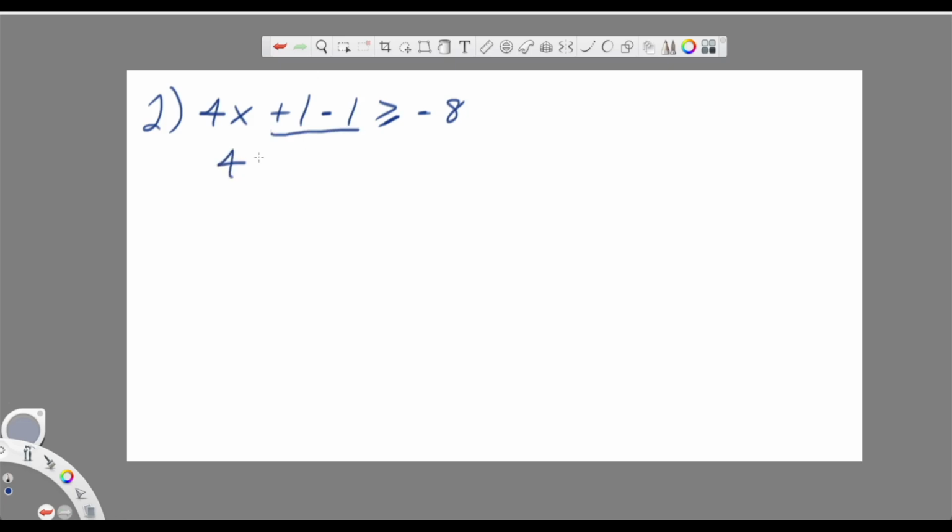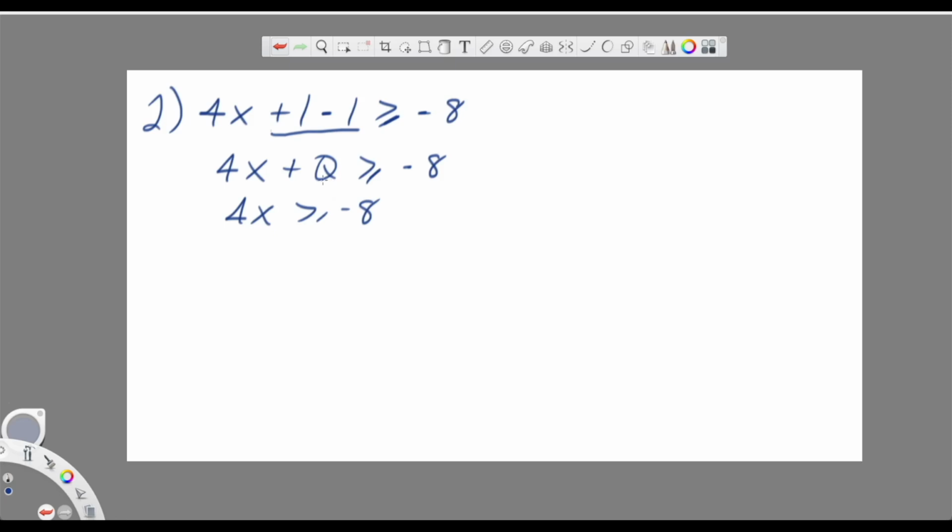Therefore, we can put 4x plus 0 is greater than or equal to negative 8. Or, since it's 0, we can just completely cancel these out, which I think is going to make this a lot easier to read. Now, just for the purposes of this video, I am going to include the 0, just so you realize that the next step is going to be getting rid of the 0.